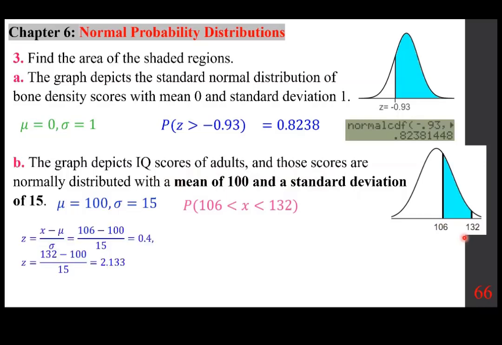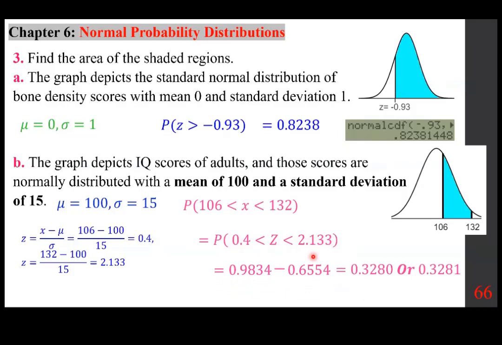We have to change the x score to the z score using the formula x minus mu over sigma. So we go from normal distribution to standard normal distribution, and we either use the table or technology. We come up with the answer.